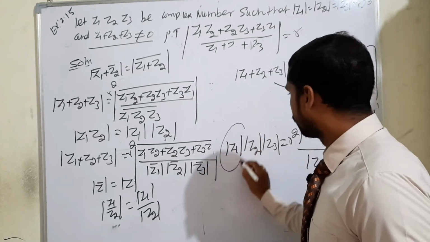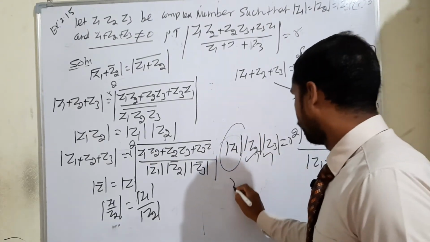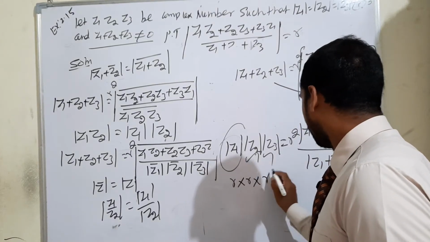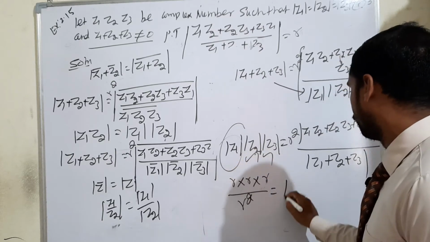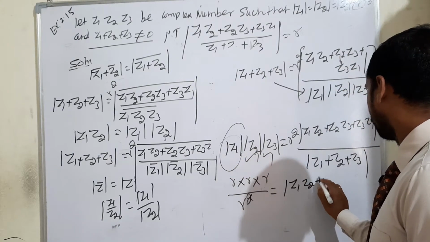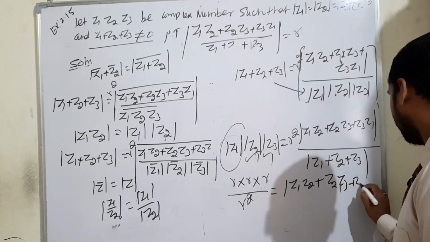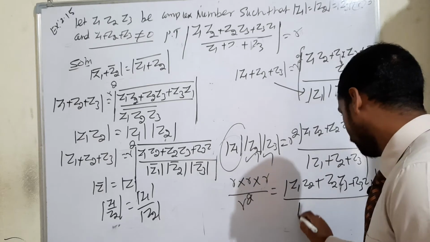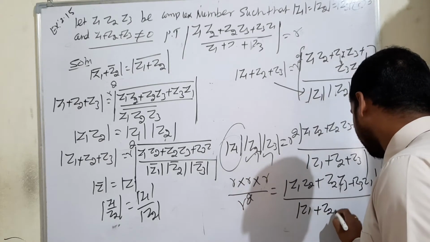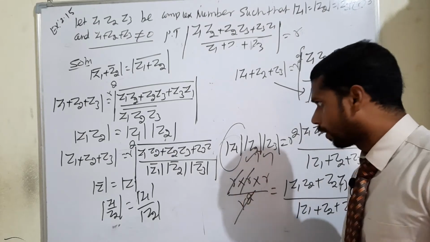Already we know modulus of Z1, modulus of Z2, modulus of Z3 is equal to R. We can write now R into R into R. Again R square, bring out opposite side means denominator, R square is equal to Z1 Z2 plus Z2 Z3 plus Z3 Z1 divided by Z1 plus Z2 plus Z3. Again R cancel, R square also cancel.